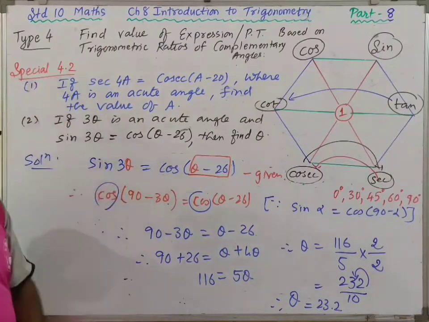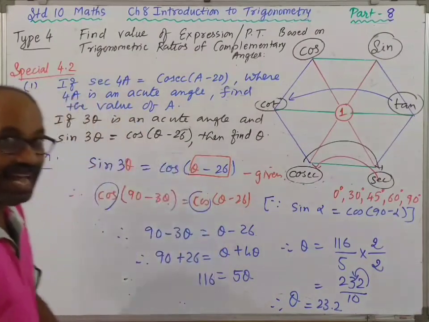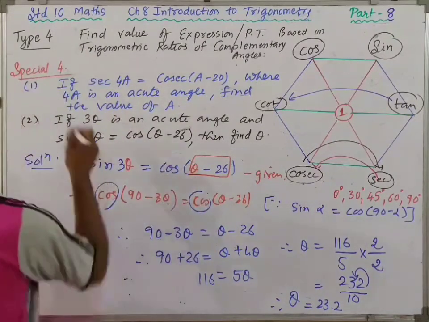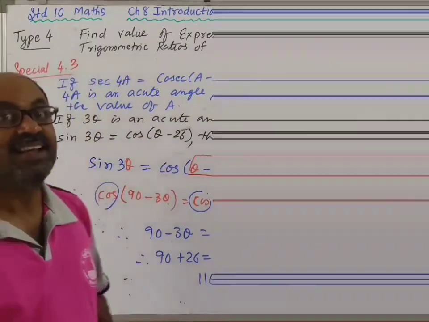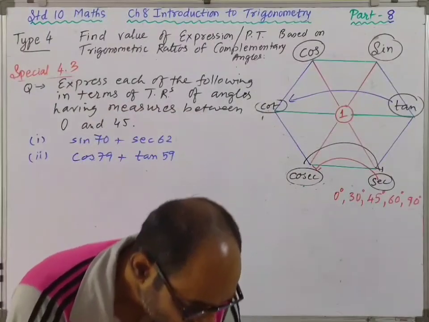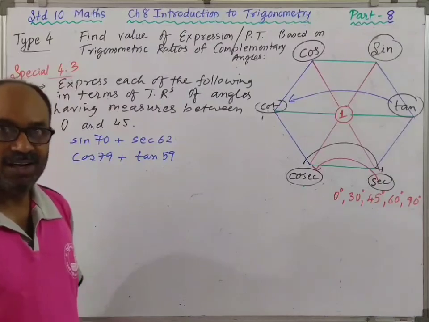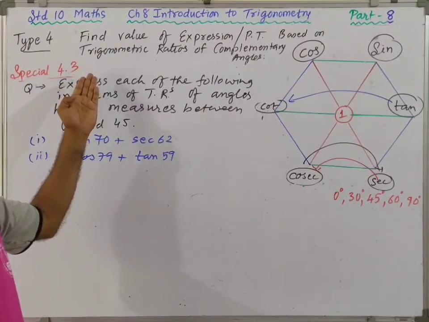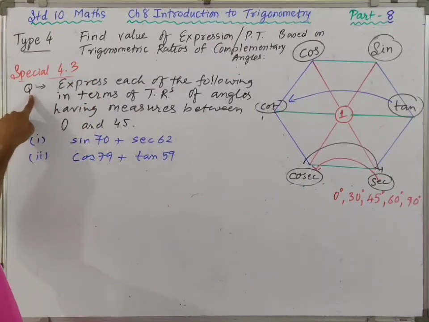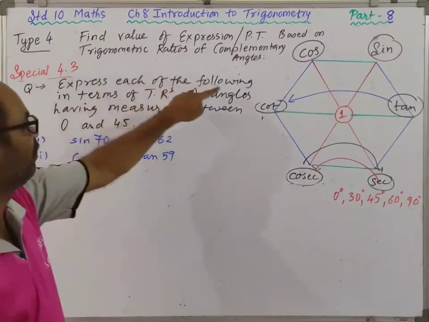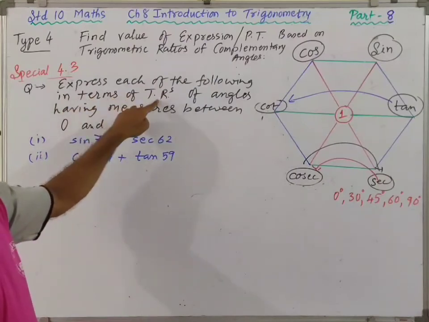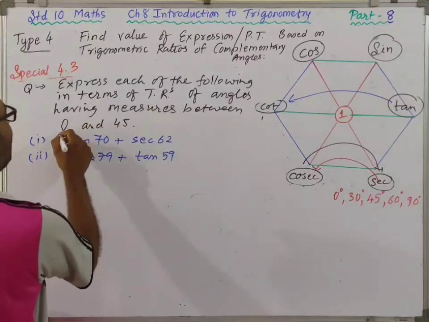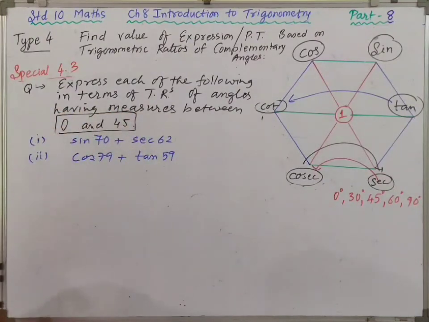Now we move on to special type 4.3. Alright. And what it is? So here is special case 4.3, special type. What it is? Let's see the question. Express each of the following in terms of trigonometric ratios of angles having measure between 0 and 45.